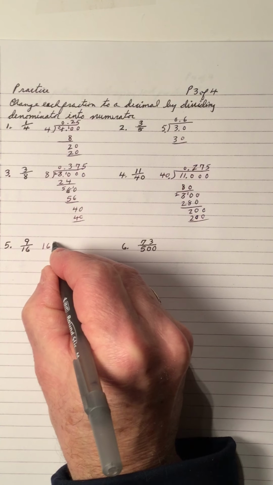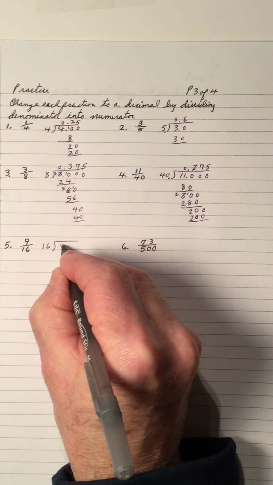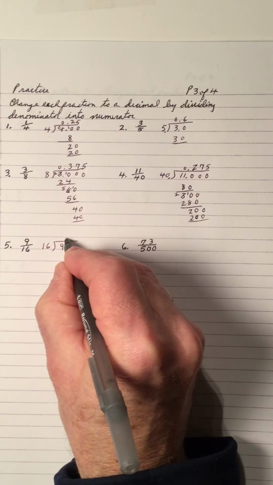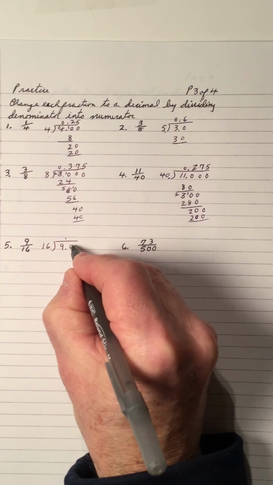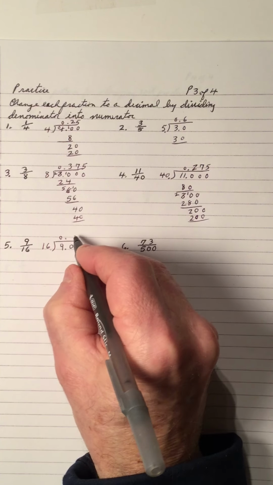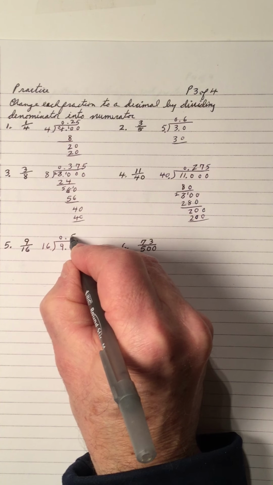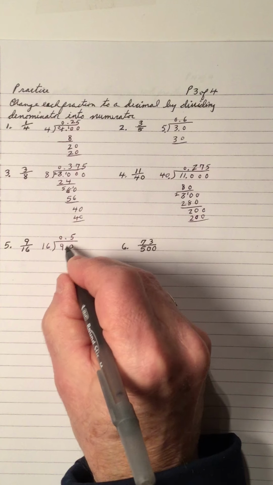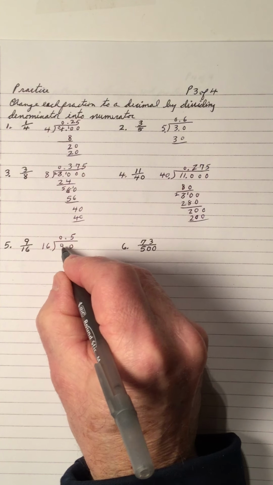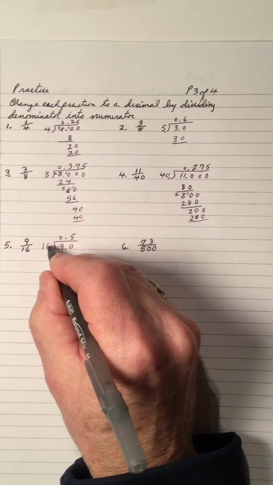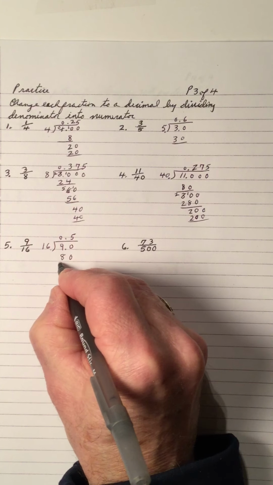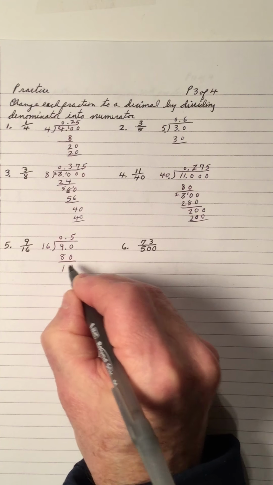9 over 16. 16 divided into 9. Denominator into the numerator. The decimal, put a 0. 16 into 9 can't go. 16 into 90. 5 16s makes 80. 5 times 6 is 30. Carry a 3, 80. Subtract, 0, 1.